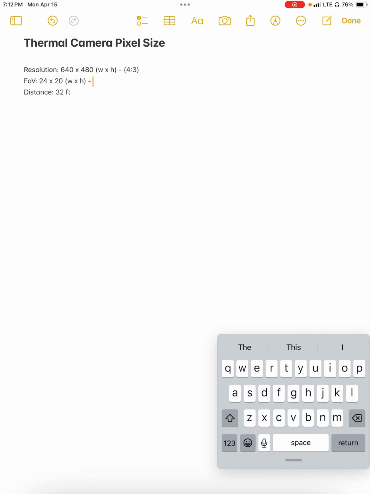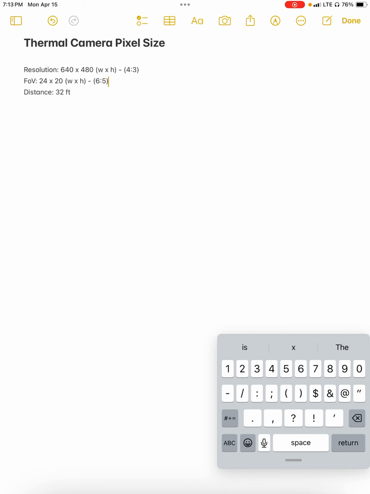For our lens, however, these are not a 4:3. If we find the greatest common divisor here, that is 4, the largest number that you can divide these by. So 24 divided by 4 gives us 6, and 20 divided by 4 gives 5, a 6:5 aspect ratio.